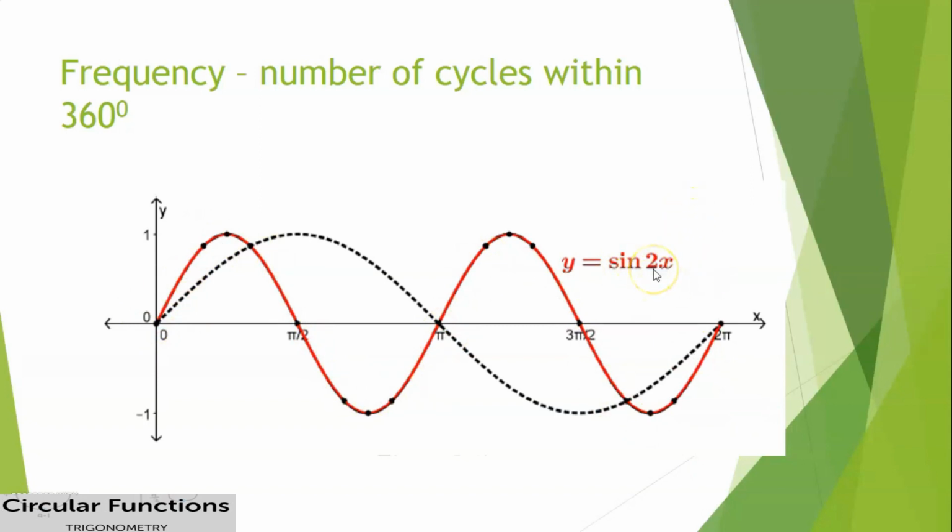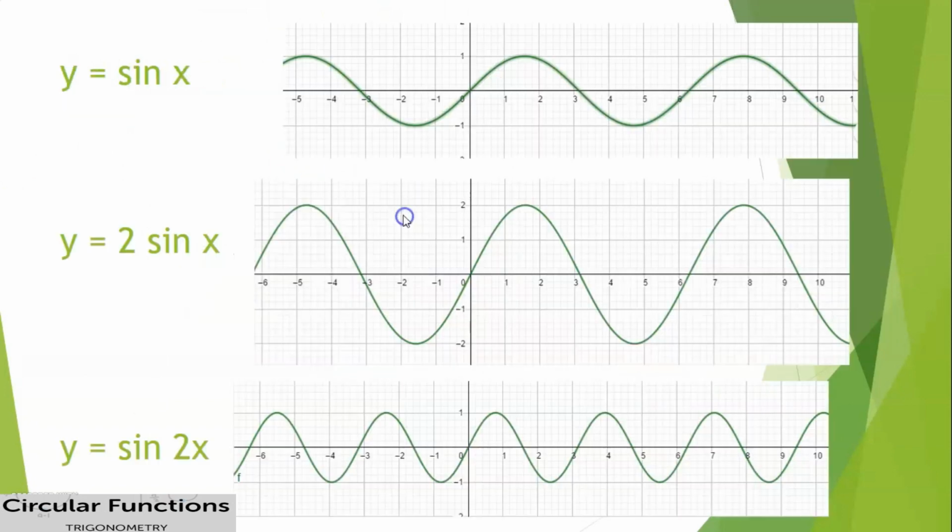For this 2 here, this represents 2 cycles. So within 360 degrees, there are 2 cycles for sine 2x, while the black one is only sine x, so there's only 1 cycle. So the higher the frequency, the more cycles within 360 degrees. That's the meaning of frequency.